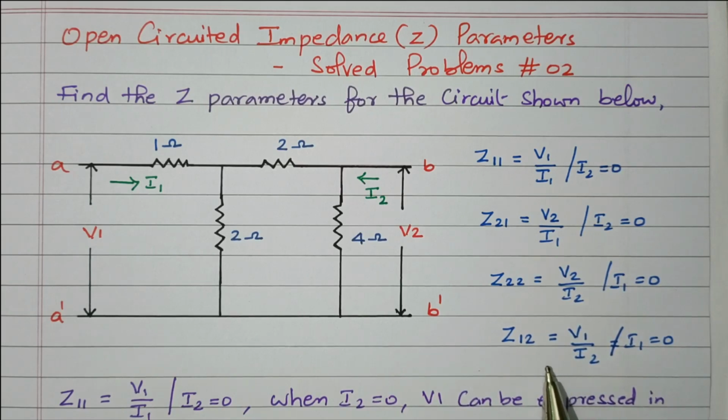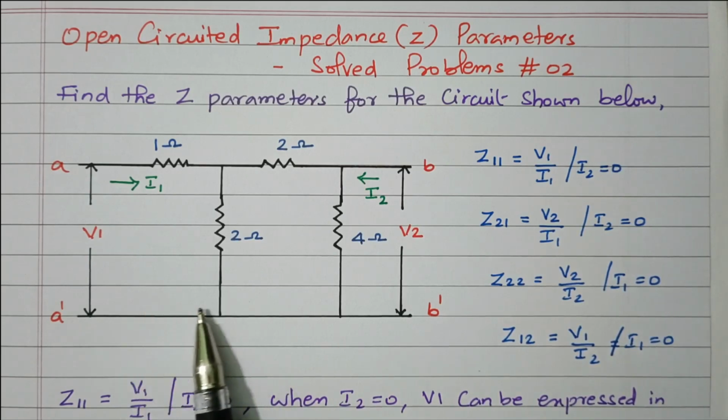So this is the open circuited reverse transfer impedance. So these four parameters we need to find. For the first two parameters, we are making the output port open circuited, so I2 is 0. For the remaining two parameters, we are making the input port open circuited, so the input current I1 equal to 0.